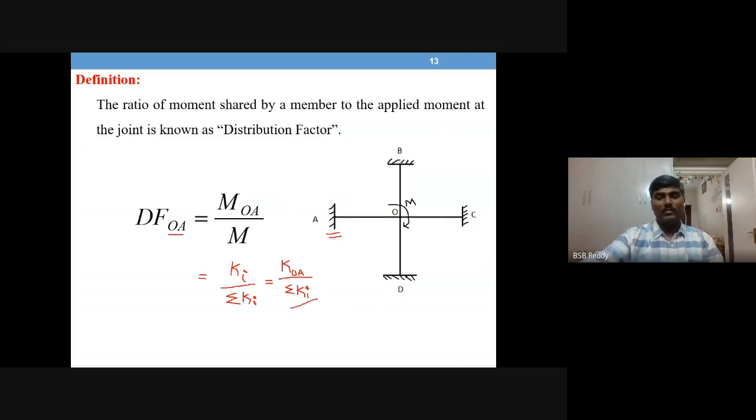Similarly, for all other members, you will have a distribution factor for each member. What does it mean?